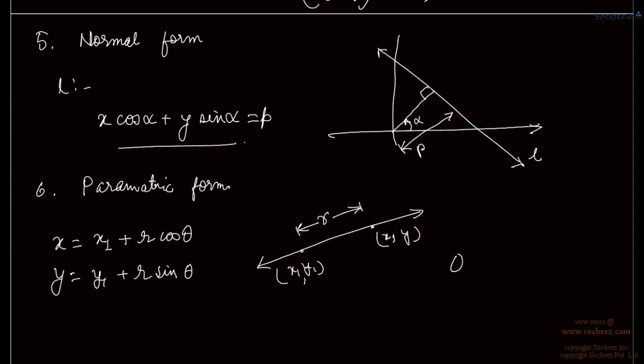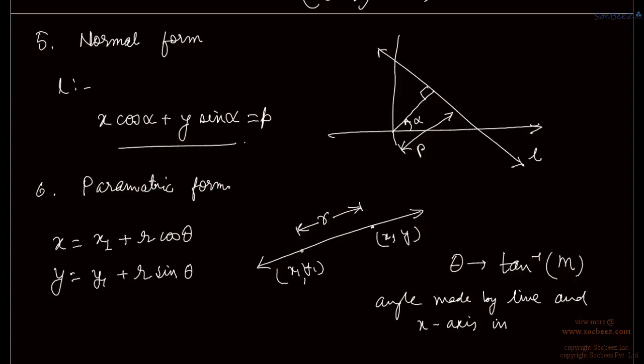What is theta? Theta is tan inverse of slope, that is the angle made by the line and the x-axis in the positive direction.